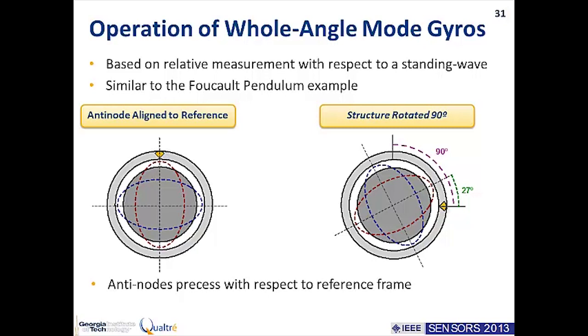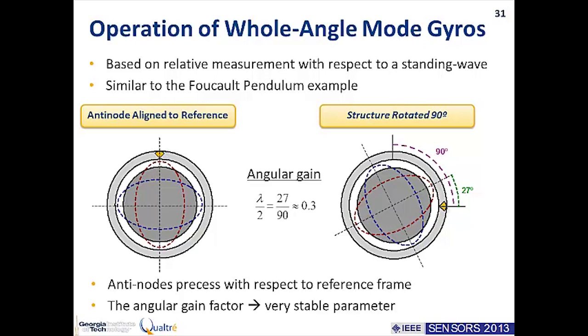But now, what's really interesting here is trying to understand why is it that this happens. And something I forgot to mention is that the ratio of the input angle to the angle of change in the vibrating device is what is known as the angular gain, which is what you were asking me for, and it's basically a very stable parameter because it doesn't really depend on any physical property, so it doesn't have any temperature dependencies, or it's mostly defined by the mode shape or the vibration pattern of your structure.